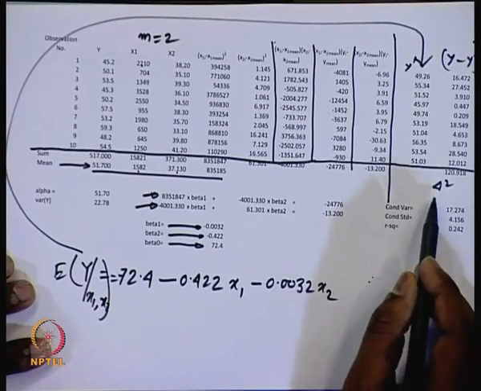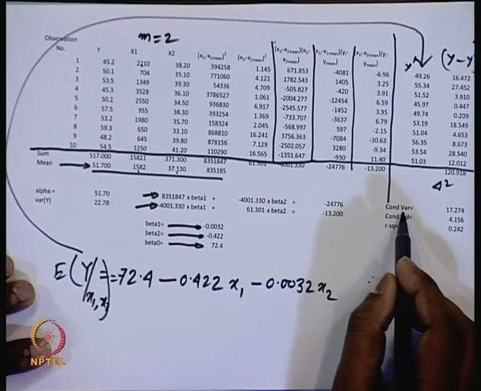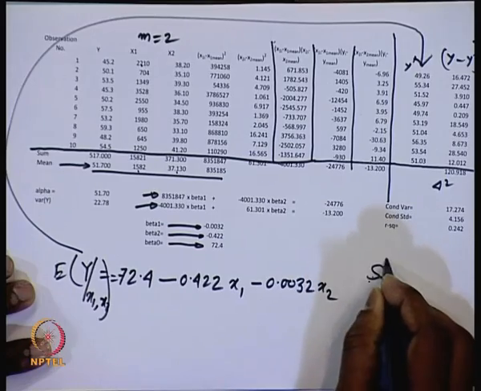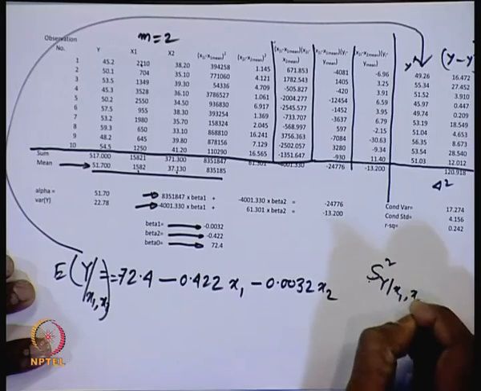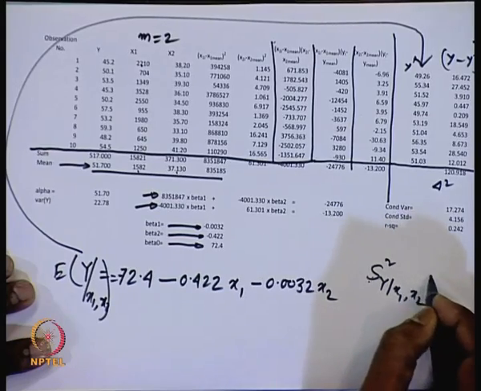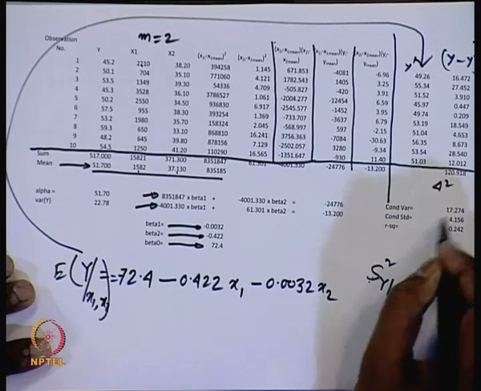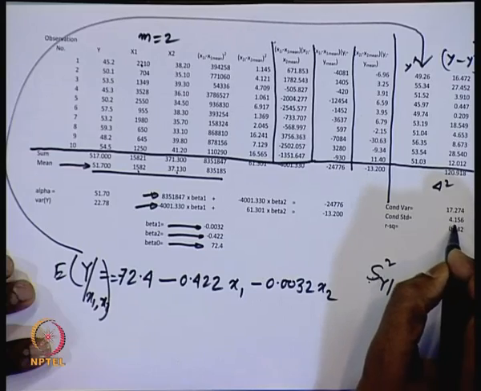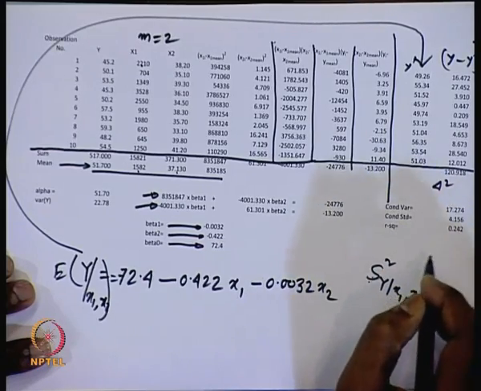Once we get that capital delta square, then we can calculate the conditional variance. This conditional variance means, as we have seen, s y square given x1 comma x2. If we calculate this, we will get 17.274. And the conditional standard deviation is the positive square root of this, which is 4.156, and the r square value that we get is 1 minus that ratio.